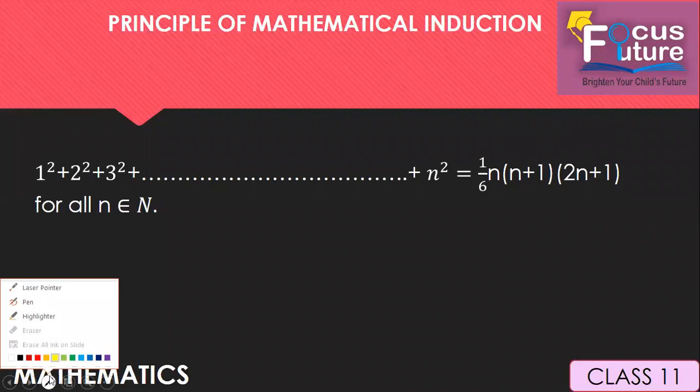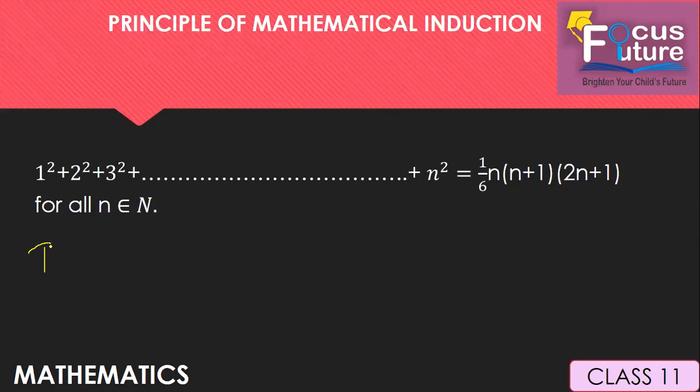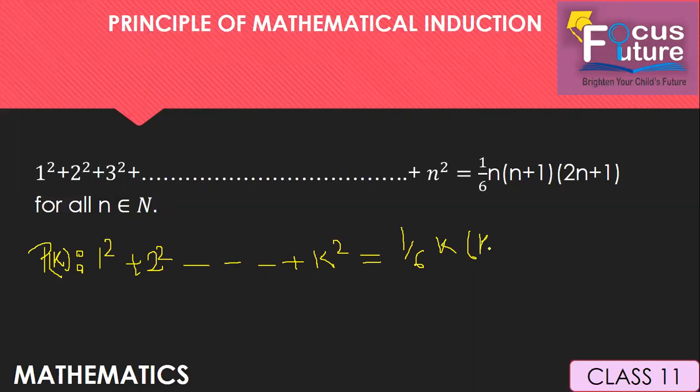I'm sorry, this pen is not working. Pk would be 1 square plus 2 square and so on till k square equals 1 by 6 into k into k plus 1 into 2k plus 1.